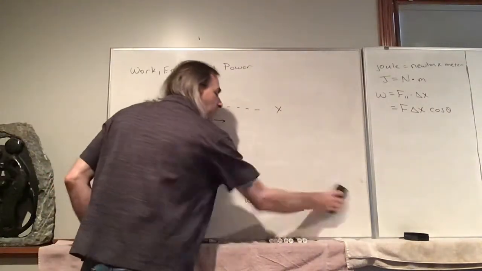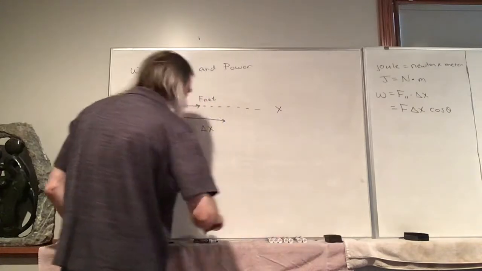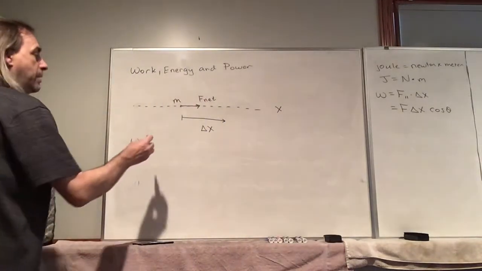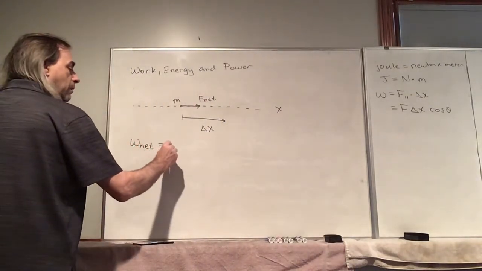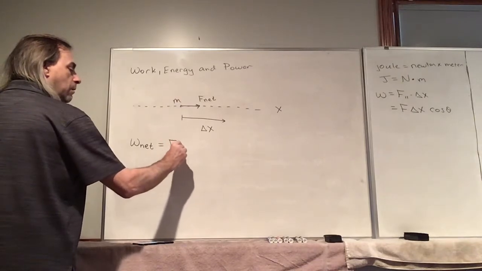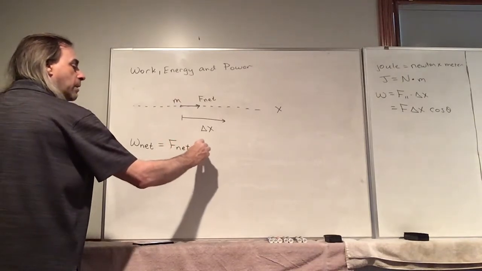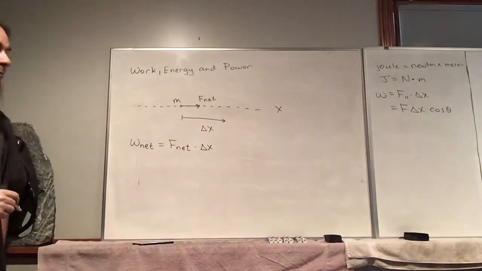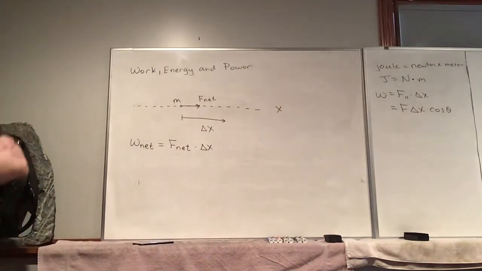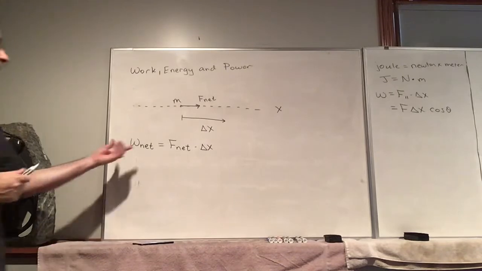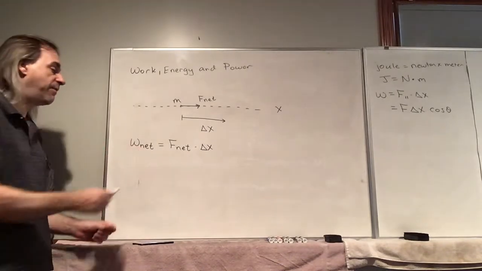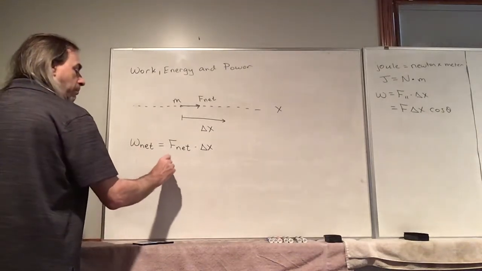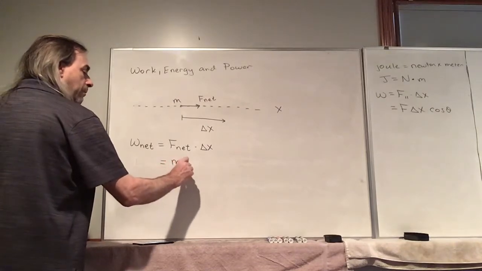So the net work in this case is going to be simply F net times delta x, because they are parallel to each other. So we're just considering an easy example. Now, the net force is equal to mass times acceleration.